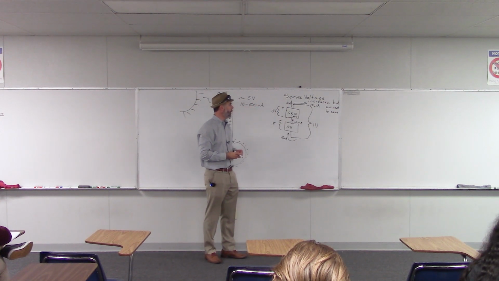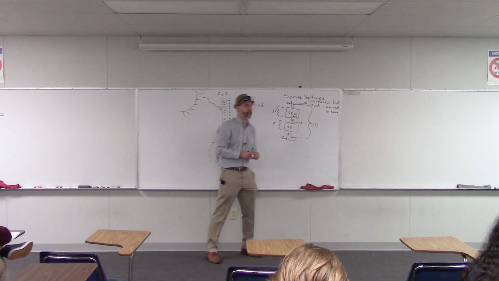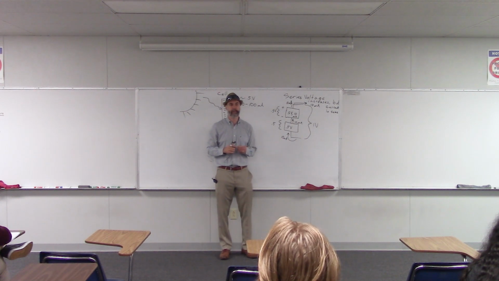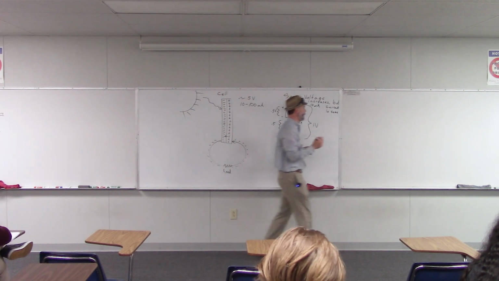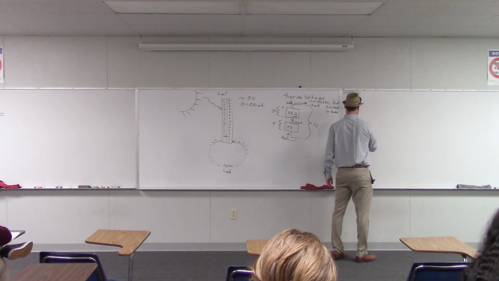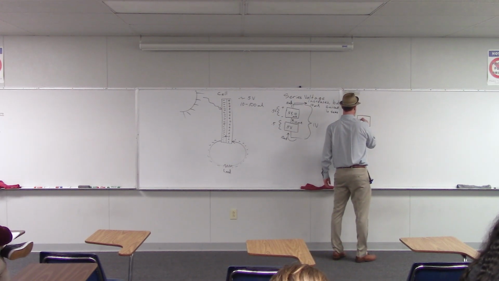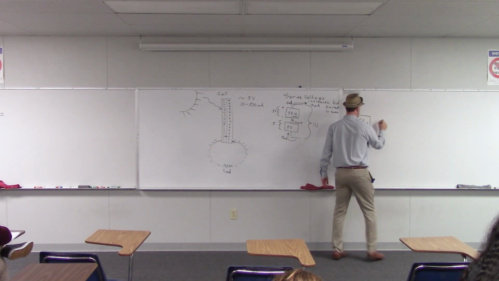Now, what could we do if we wanted to increase the current? Parallel. Yeah, we put them in parallel, exactly. So in parallel, you could have the same cells, 0.5 volts and 10 milliamps.